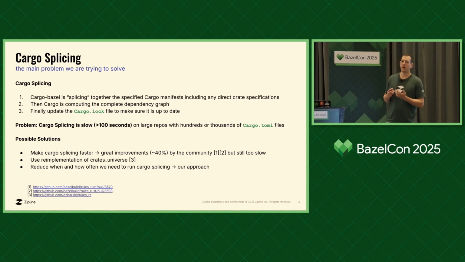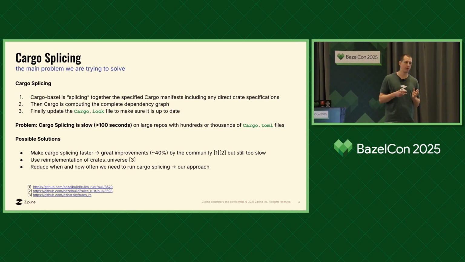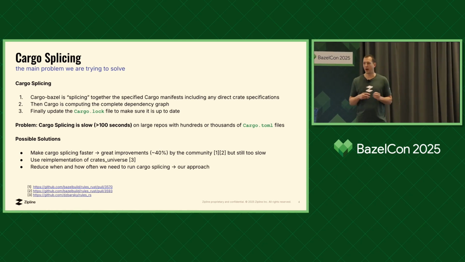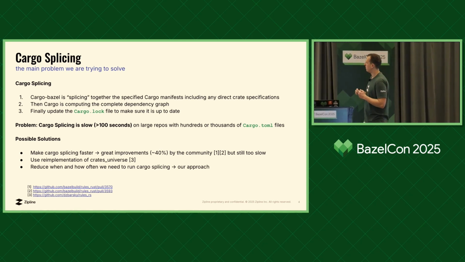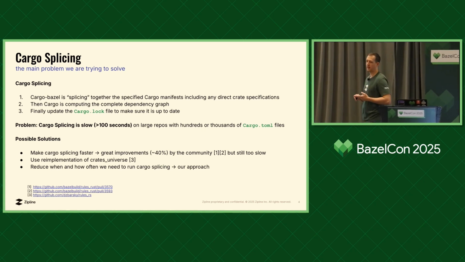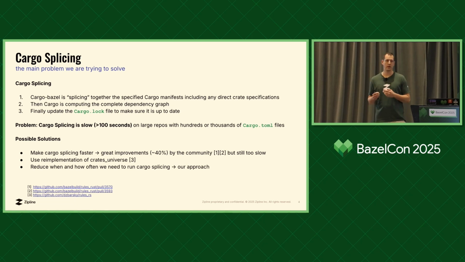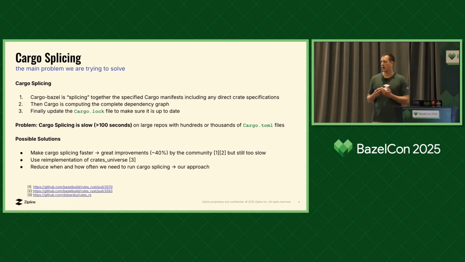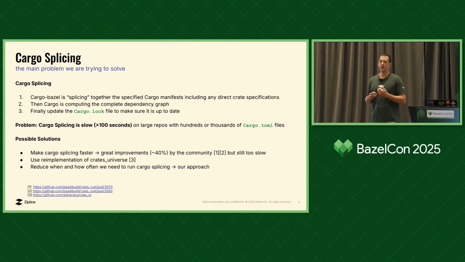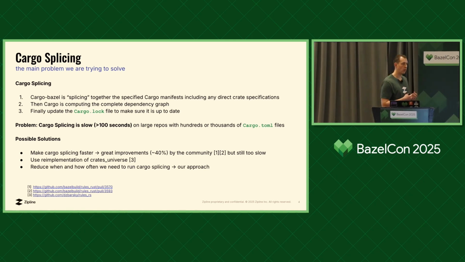Then a pretty recent approach is rules_rs, which is an entire re-implementation of crates_universe, which gets away with cargo splicing. That's also great, but you have two small downsides. It's a pretty recent project, so it does not yet support all the features crates_universe has. And according to BCR, you have to be on the latest Bazel 8.4, so that might not be an option for everyone. So we decided to go for another approach.